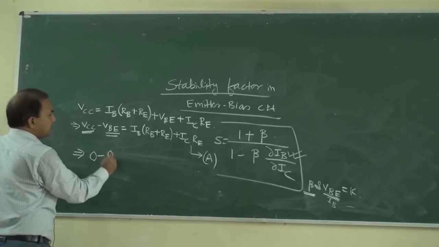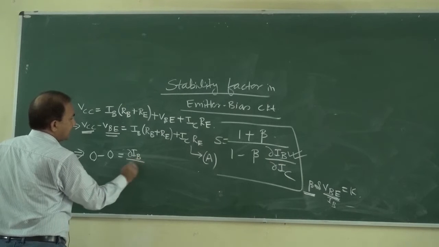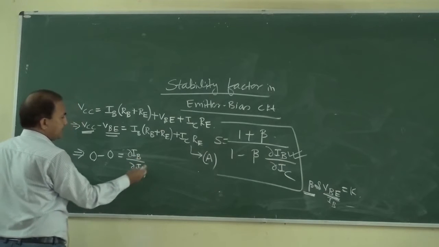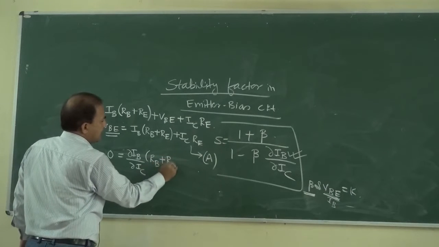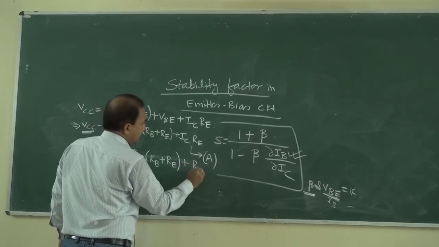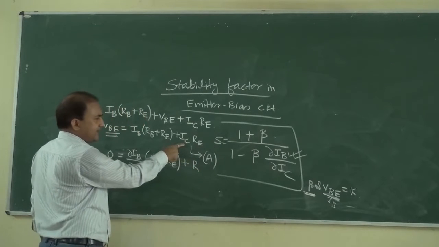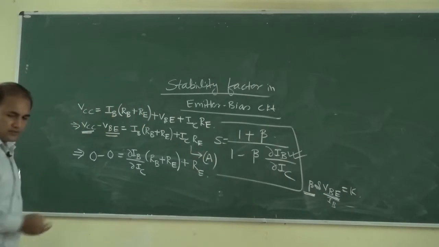So it is 0 minus 0, equal to del IB by del IC into (RB plus RE) plus del IC divided by del IC, which is equal to RE.